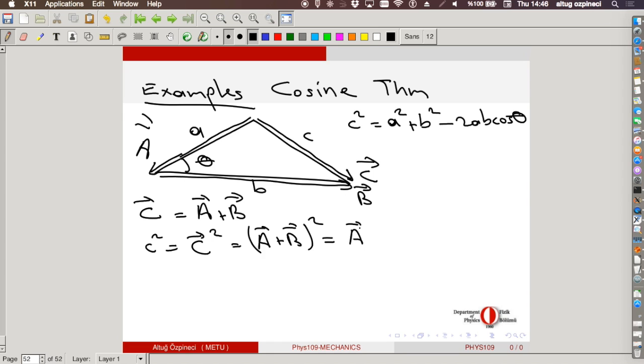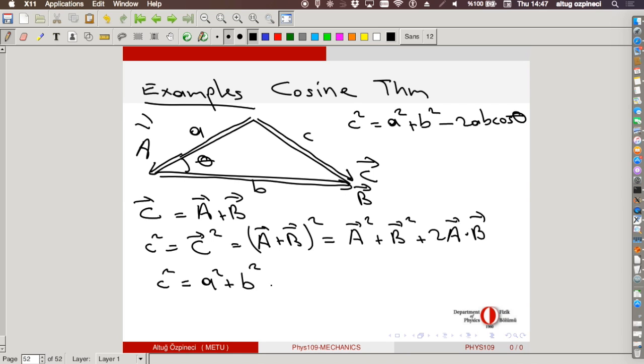That is A squared plus B squared plus 2A dot B. So C squared is equal to A squared, the magnitude of this side squared, which is nothing but the length A, plus B squared, the magnitude of this vector squared, which is the length of that side.